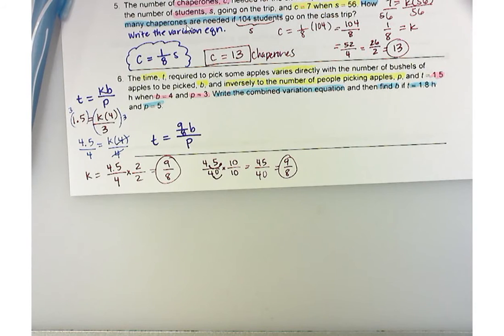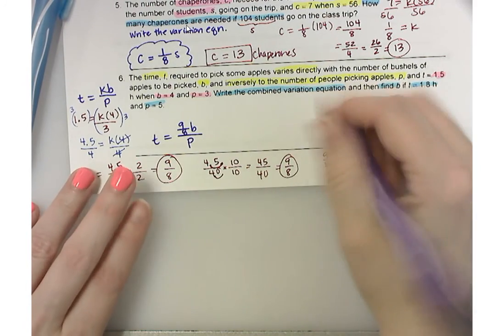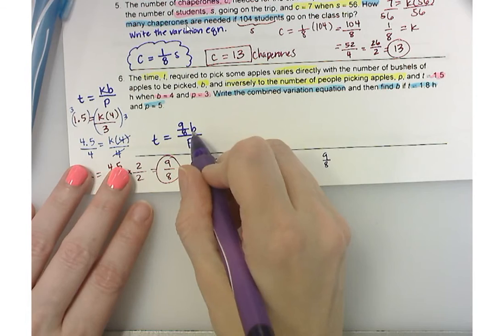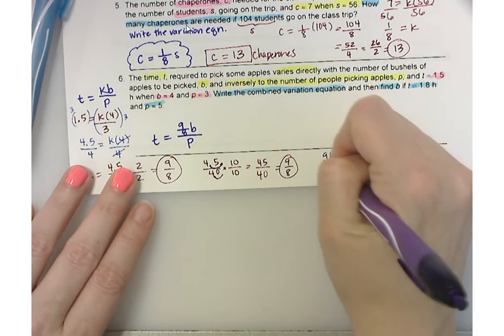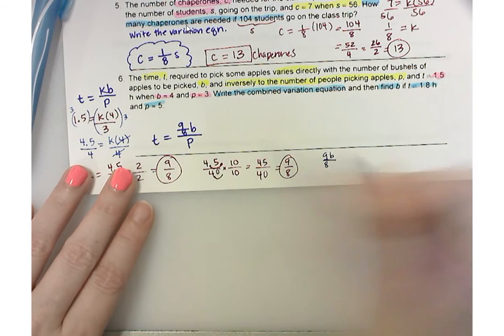Okay, and then if you're dividing by P, it's like you're multiplying by 1 over P. So you could also write your equation as 9B over 8P like this. Those would be equivalent. Like I said, either one of those is fine. I'm okay if you leave it like that.